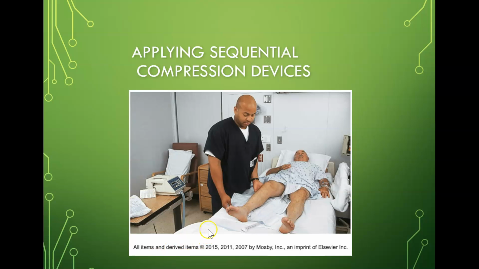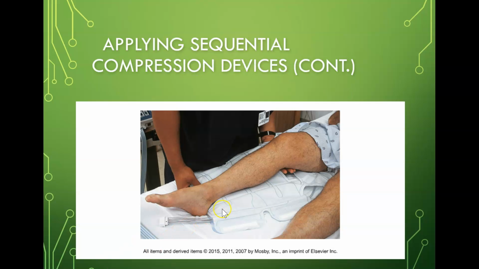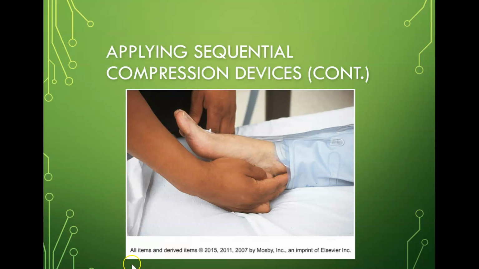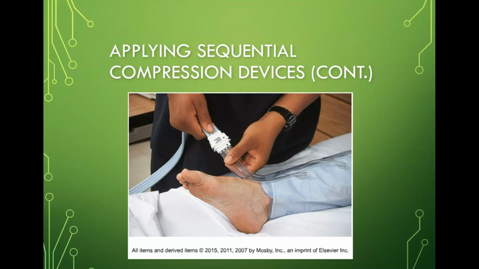The sequential devices is like you wrap them around the legs and the machine actually tightens and then lets go, tightens and lets go. And this is a picture of them getting ready to apply that. And you want to make sure you check circulation and you're able to put your finger in between it to make sure it's not squeezing too tight.